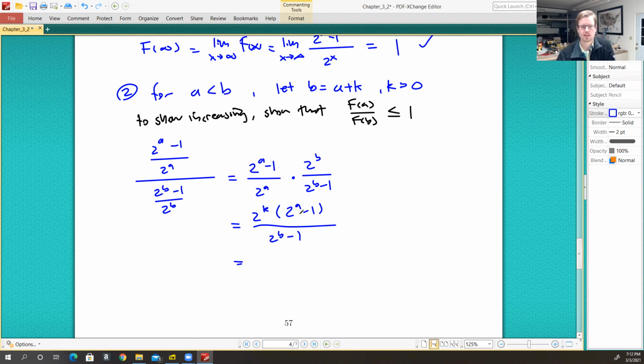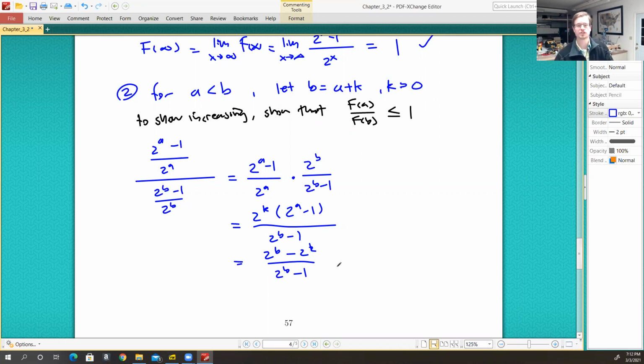So I've got 2 to the k times 2 to the a, which is 2 to the a plus k. But b is not 2 to the a plus k. B is a plus k. So 2 to the k, 2 to the a gives us 2 to the b, minus 2 to the k, divided by 2 to the b minus 1.